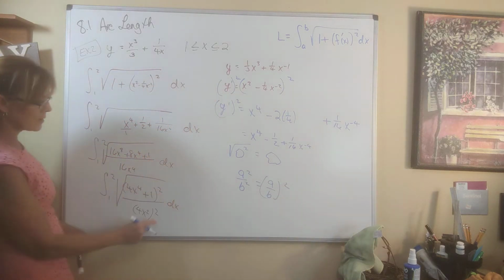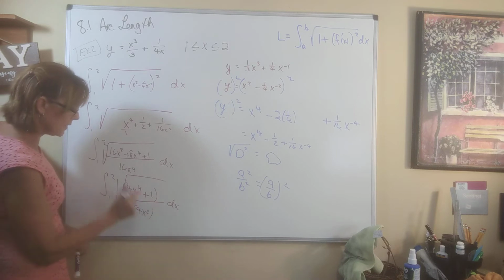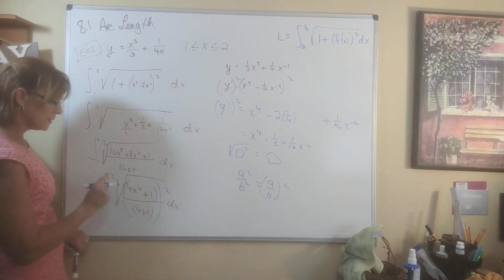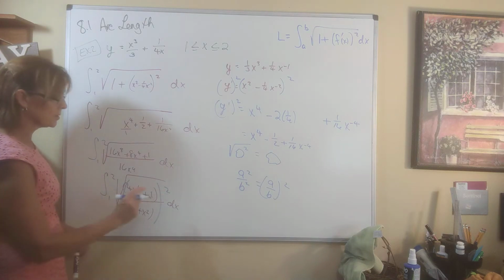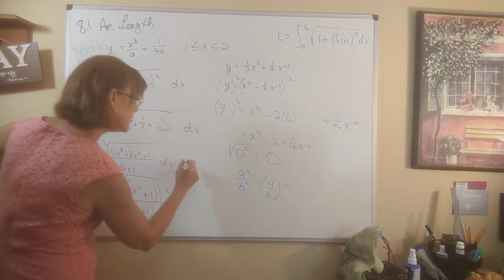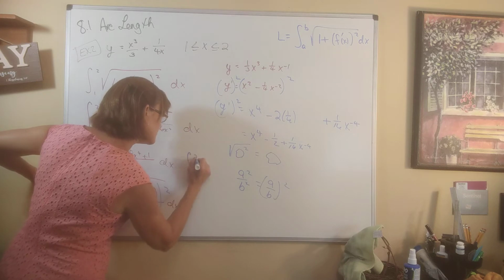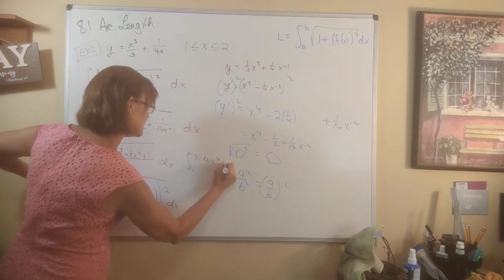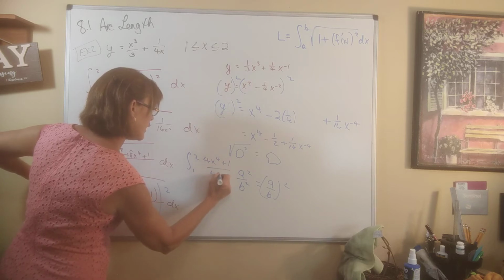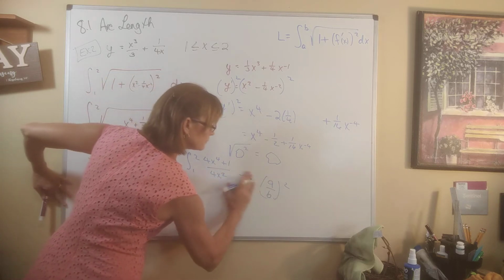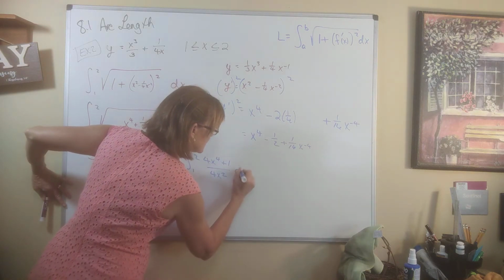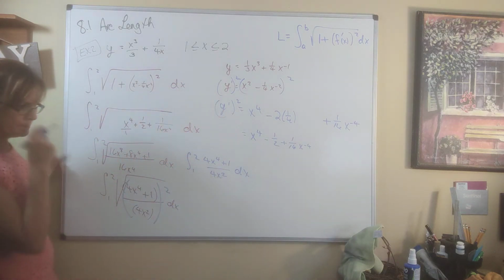So I have this thing squared over this thing squared, so I can think of it as this whole thing squared. And the square root of something squared is just the something. So this becomes the integral from 1 to 2 of (4x to the 4th plus 1) over 4x squared dx. All right. This is a long one, but we're getting somewhere finally.